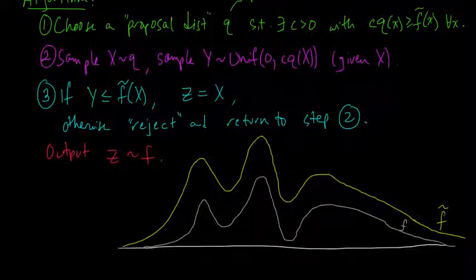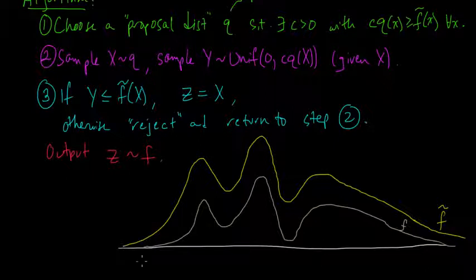Now, what do we need? We need a Q. And F doesn't have to be greater than 0 everywhere. I'm sort of drawing it that way, but maybe it's 0 out here somewhere. But it doesn't have to be strictly positive. We need Q to be such that there exists some constant C such that CQ is greater or equal to F tilde.